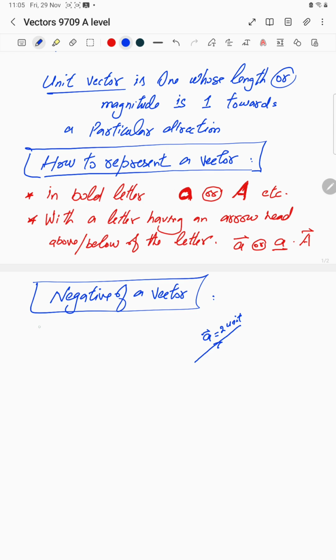The negative of A is a vector having the same magnitude but in the opposite direction.